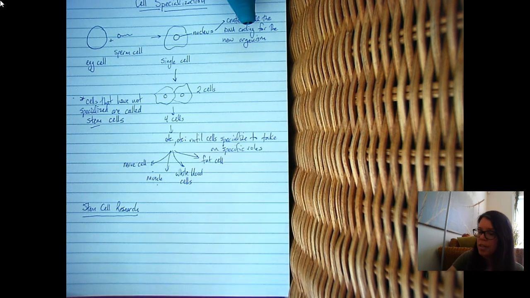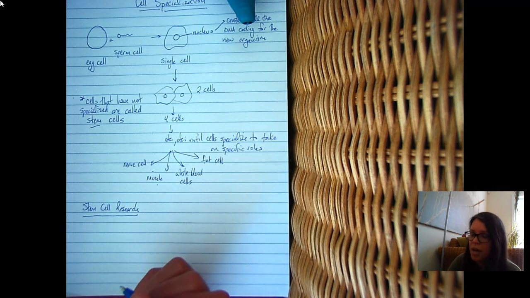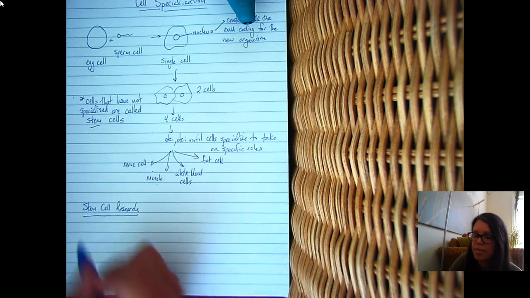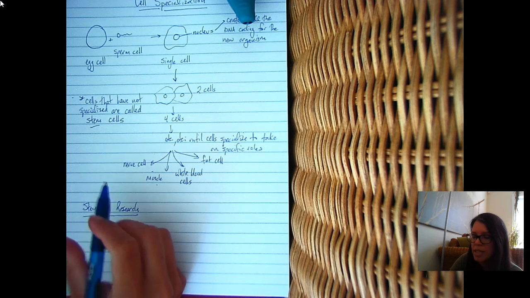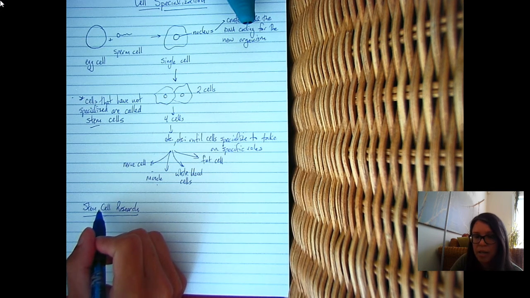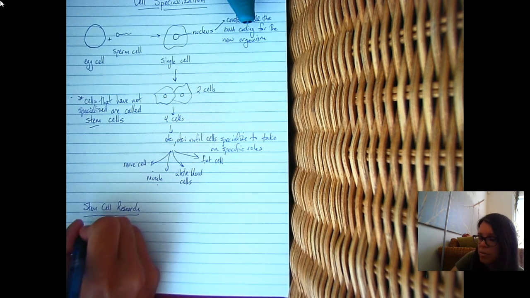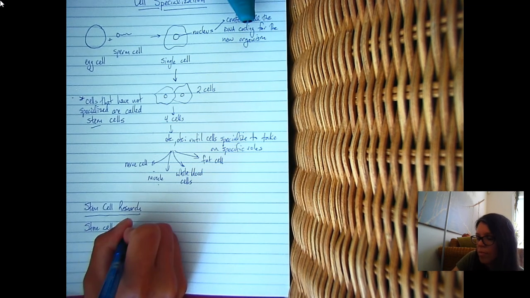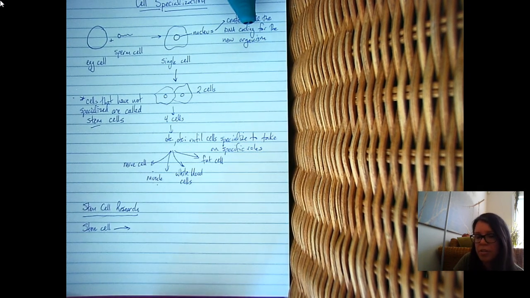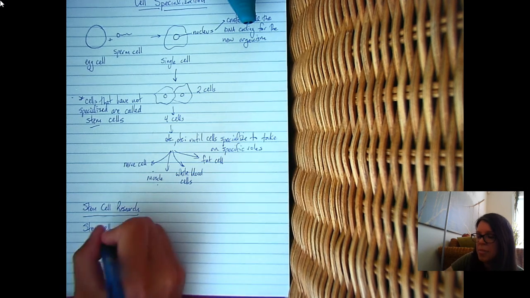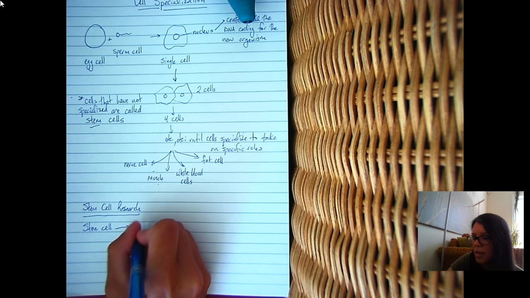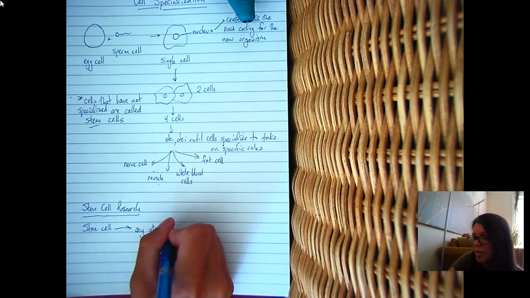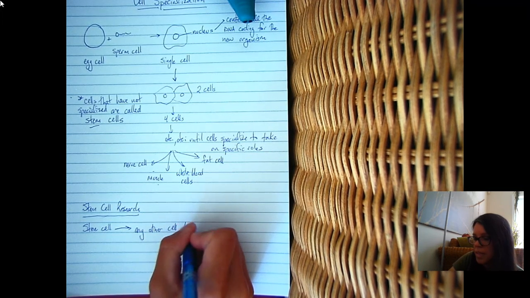So first of all, what these cells are interesting for in terms of scientific research is the fact that they can become any kind of cell. So like I said before, you have a stem cell. If you can figure out how to do it as a scientist, it has the potential to become any other cell type.